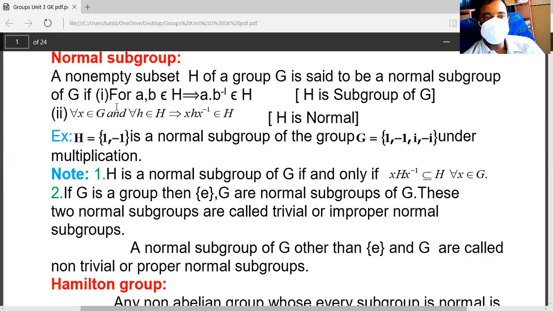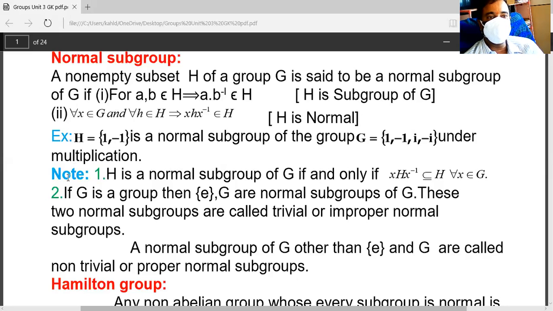So H equal to {1, -1} is an example of a normal subgroup of the group G, the fourth roots of unity, with respect to multiplication.